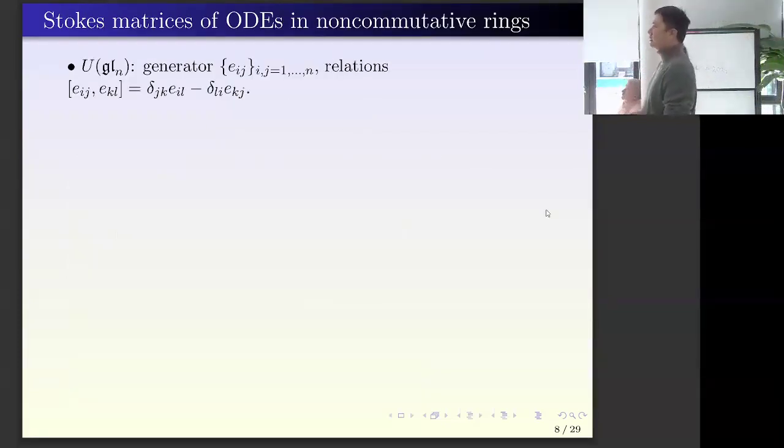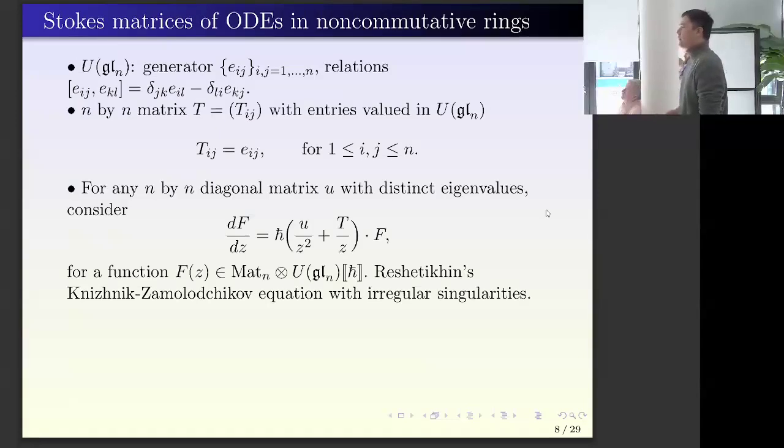So for that, I take the universal enveloping algebra U(gl_n) with n-squared generators with commutation relations. Then I take an n by n matrix T with entries valued in U(gl_n). So this T is a collection of generators of U(gl_n). Its ij entry is just E_ij. You may recognize that T is very often used in the study of quantum integrable systems, or you can say T is a Cartan form.